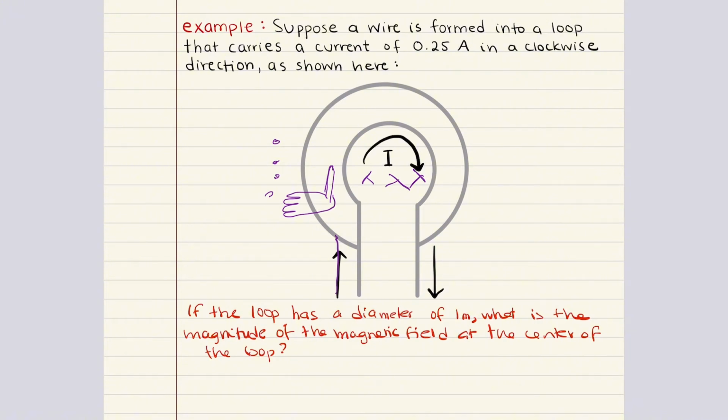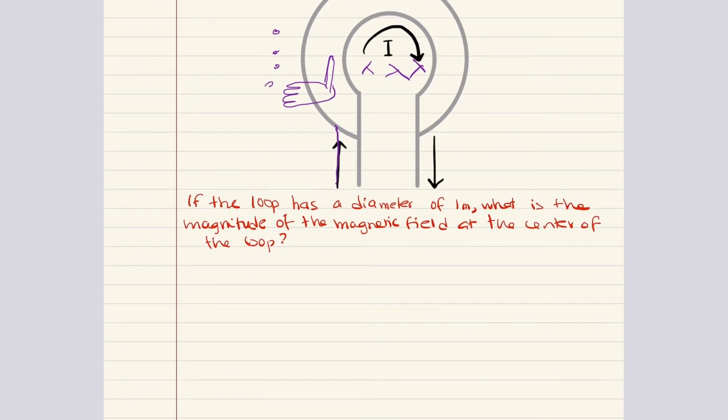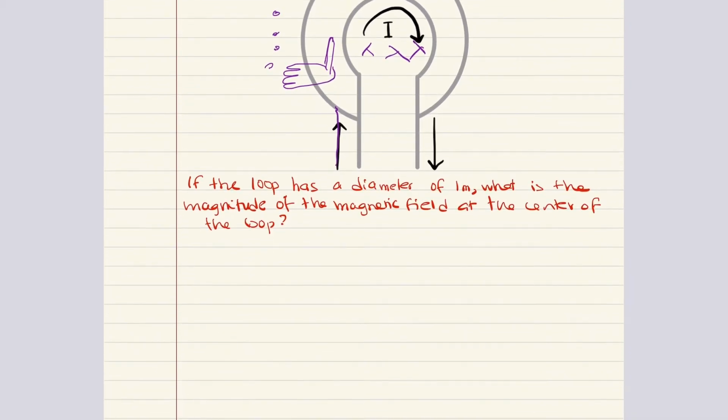Now, to determine the magnitude of the magnetic field at the center, we're going to be using this equation for circular wires. The magnetic field is going to be equal to mu naught multiplied by I divided by 2R. Now, mu naught, this is the permeability of free space. This is a constant.